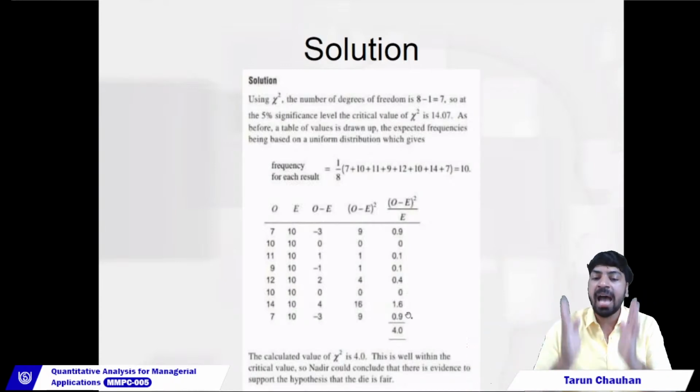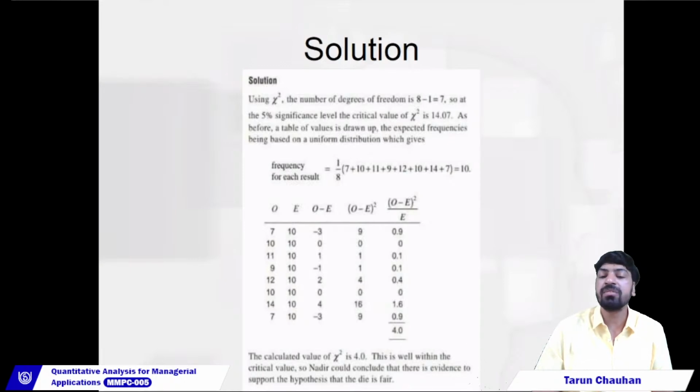Once you add these, you get the calculated chi-square value, that is 4. The critical value, the table value of chi-square, is 14.07. Now apply the rule: if the calculated value is less than the tabulated value, the null hypothesis is accepted.